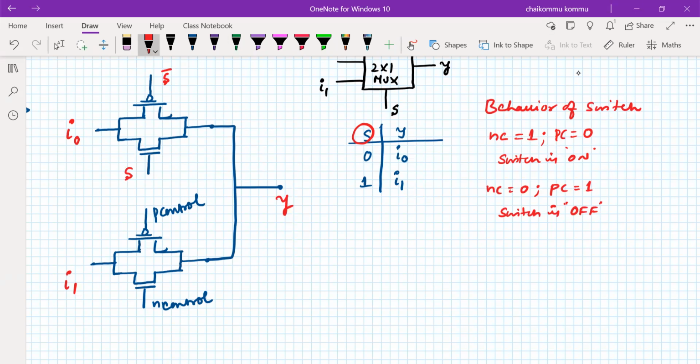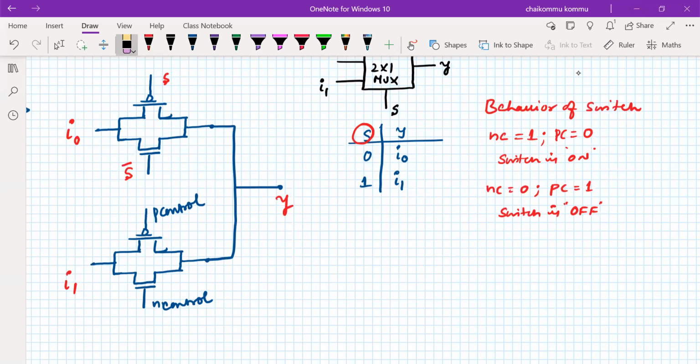Then only if S is equal to 0, this is off, and not of 0 means 1, so for the 1, this is also off. Therefore, it is an open switch, and I0 cannot go through this way. So what is the solution for this one? Everybody knows that it should be S bar, and this should be S.